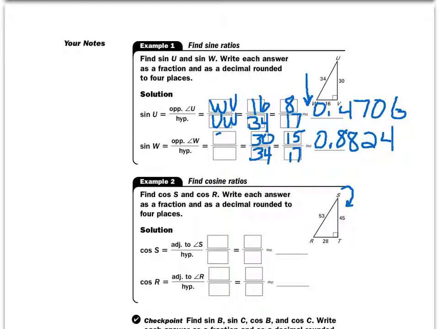So that is 45 over hypotenuse again, 53. And that is 0.8491. What's the cosine of R? R would be 28 over 53 again, 0.5283.